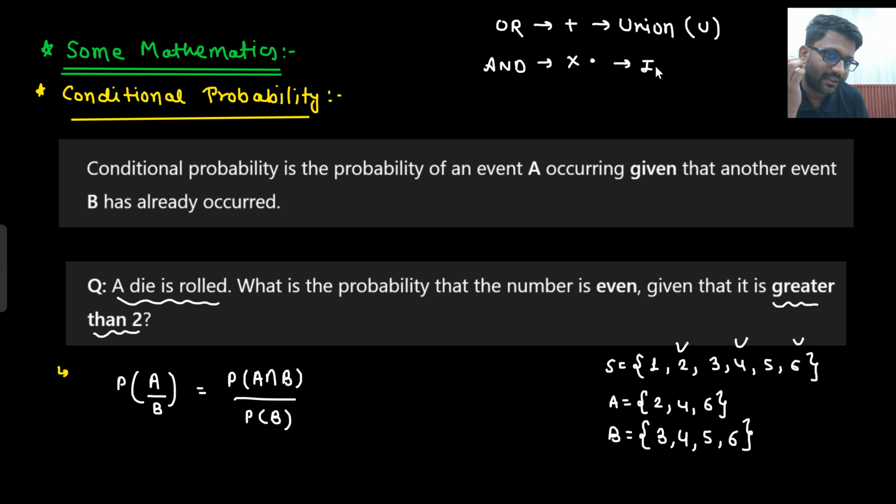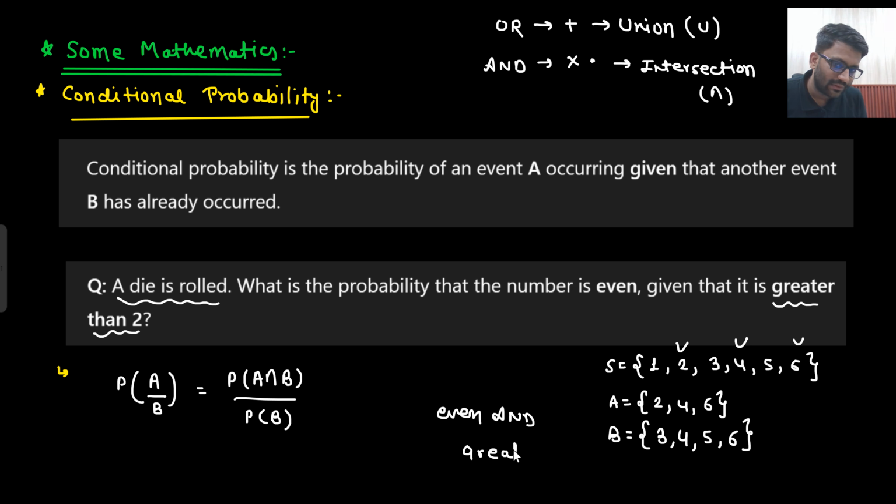And intersection, what is this intersection? Intersection is this sign. That means probability of event A and B. Probability such that you are getting a number that is even and greater than 2.